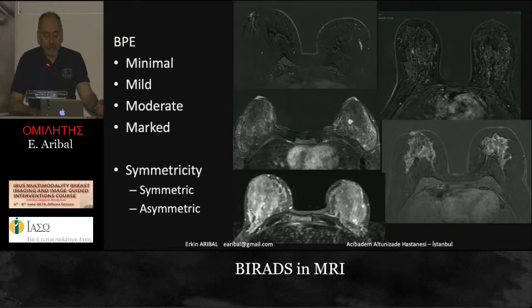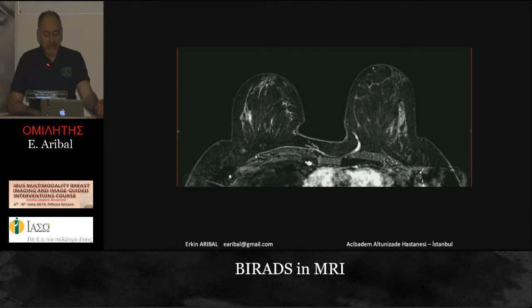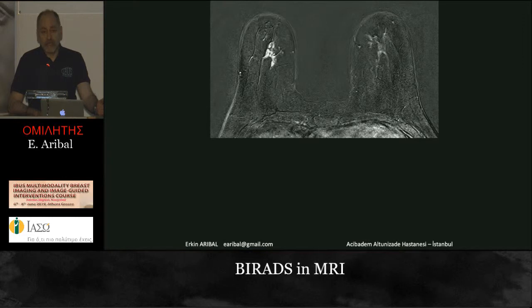And these are some images that show the parenchymal enhancement on axial subtracted images. Symmetry is very important. Here we see in some cases there are asymmetric contrast enhancements, and there is a mass here, so we can see the mass in the background contrast enhancement as well. This is a symmetrical parenchymal contrast enhancement, and this is asymmetrical.